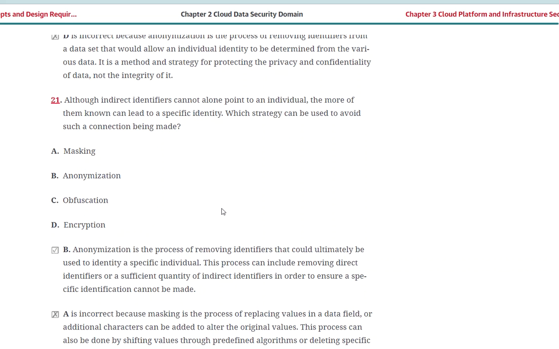Question 21. Although indirect identifiers cannot alone point to an individual, the more of them that are known can lead to a specific identity. Which strategy can be used to avoid such a connection being made? And the correct answer is anonymization.